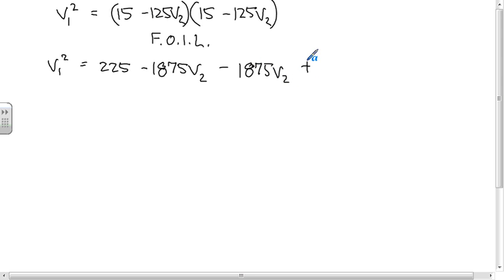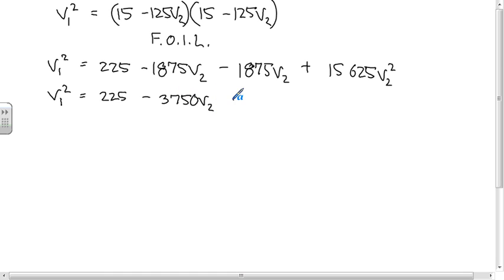And then last gives you plus 15,625 v2 squared. Simplify a little bit, combine those two middle terms, and you get 225 minus 3750 v2 plus 15,625 v2 squared.